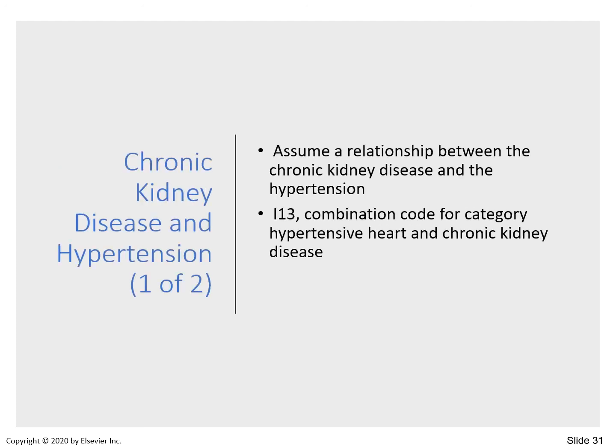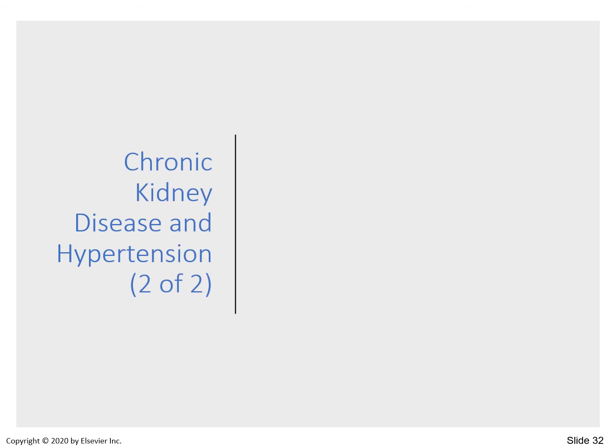Chronic kidney disease. You have to assume there's a relationship between hypertension and chronic kidney disease. So we have a combination code, I13, combination for heart disease and CKD. If the heart disease is present, you assign a category I50 code.